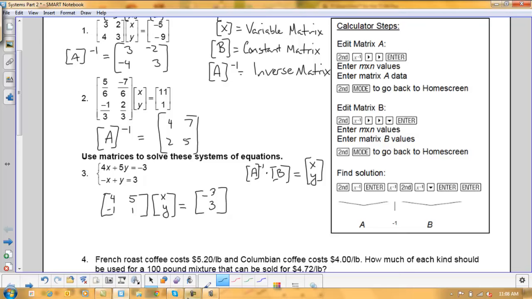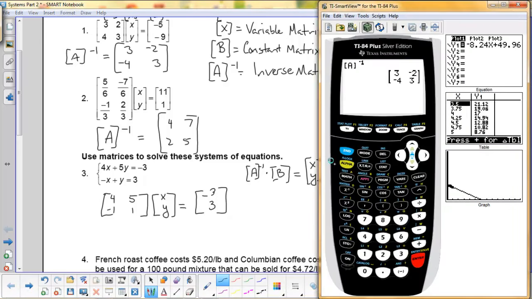So back to the calculator, here we go. We're going to go into the matrix, edit matrix A, pass through the rows and columns because they're still the same, fill in your numbers, quit out of the matrix, go back to the matrix again, edit.